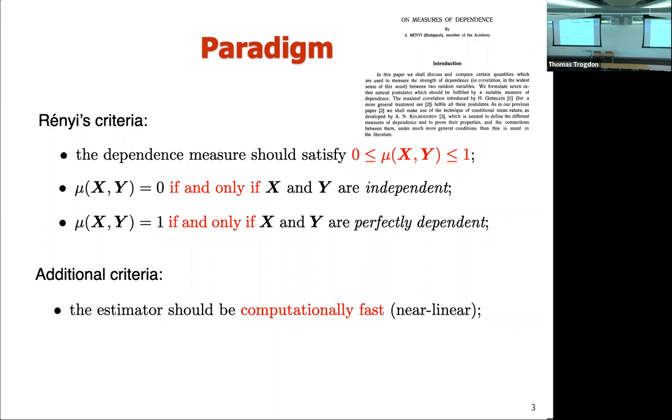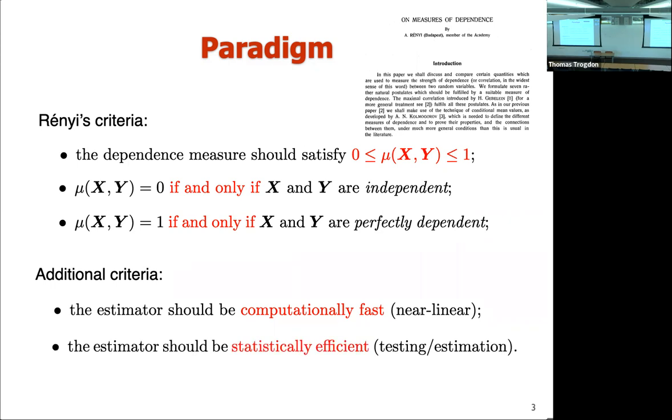This is justifiable; we wish things to be calculated fast. And the last one: statisticians care about efficiency. We wish our estimator to be efficient and ideally optimal in the statistical or information theory sense, from both testing and estimation perspectives. So our estimator should estimate the population measure efficiently and give a test of independence efficiently. This is my paradigm, and I will tell the story based on these two slides.